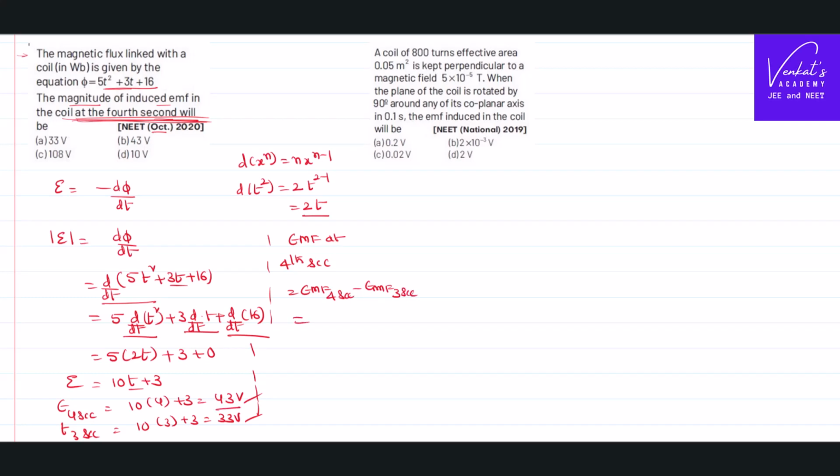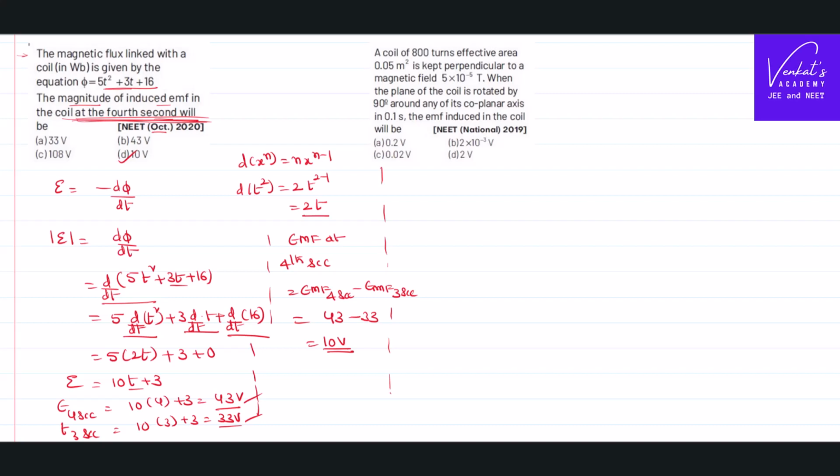Total EMF generated in 4 seconds is 43, as I have proved, in 3 seconds is 33. So the EMF generated in that 4th second is 10 volts. That's how we solve that problem. That's one problem. Let us see what the other problem is.